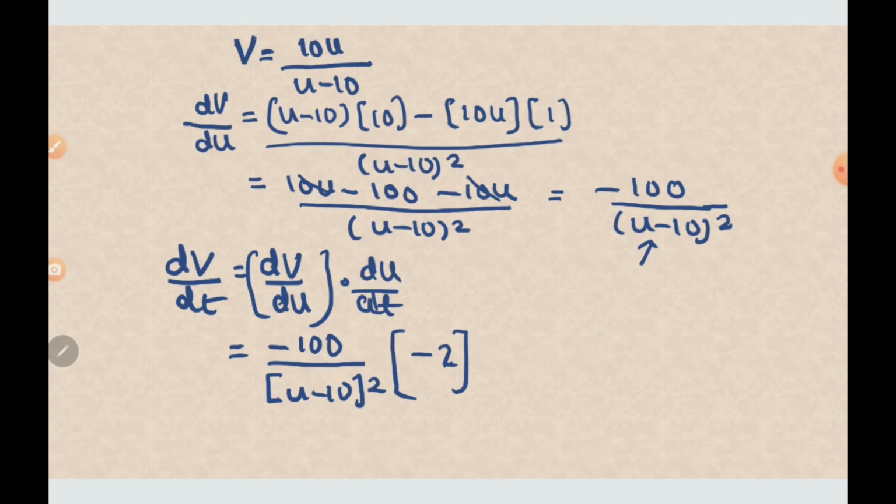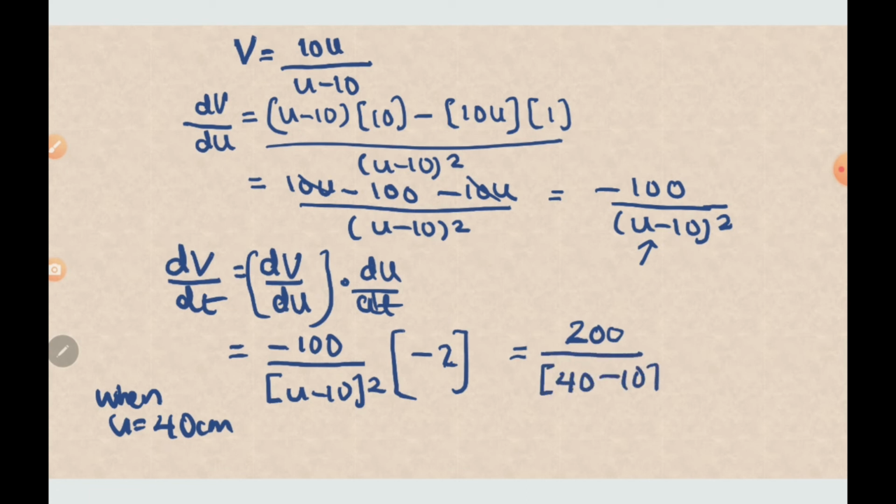So the question asks, what is dv dt when u equals 40 cm? So when u equals 40 centimeter, substitute, you will get the answer is negative 100 times negative 2, the answer is 200, over 40 minus 10 squared, and the answer is 2 over 9 centimeter per second.